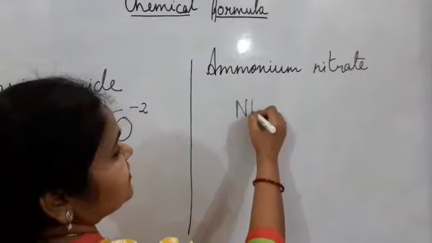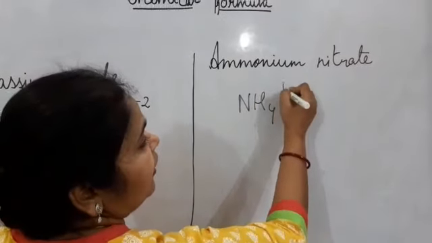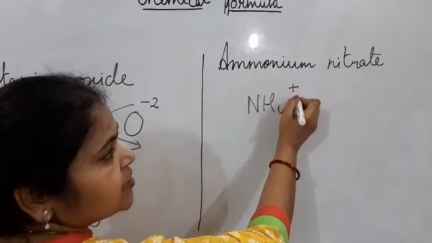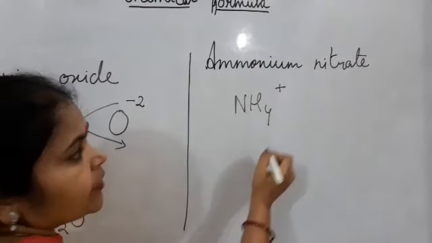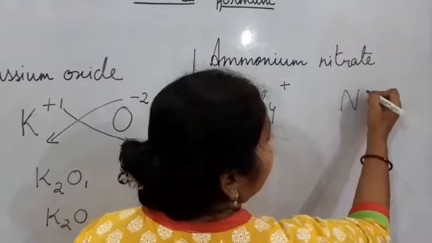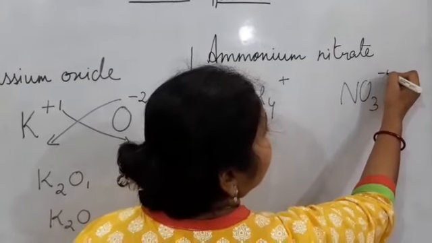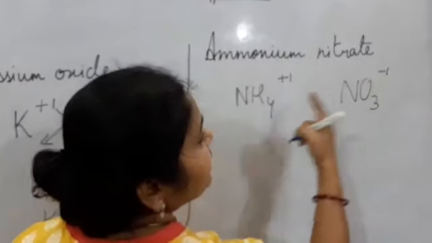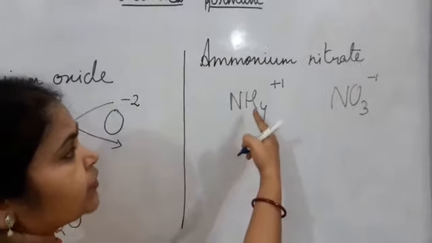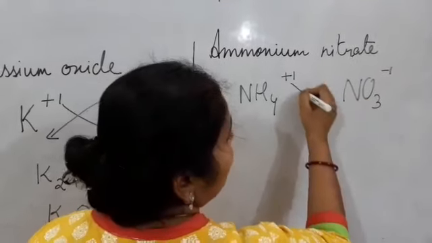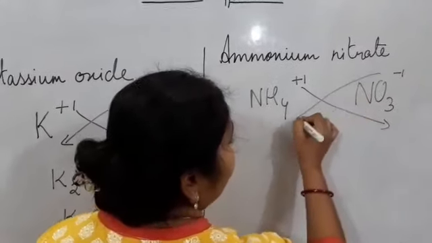The ions present are ammonium ion NH4 plus, the only positive polyatomic ion, and the negative ion is NO3 minus 1. This is a polyatomic ion with positive charge. This is a polyatomic ion with negative charge. We exchange the valencies.